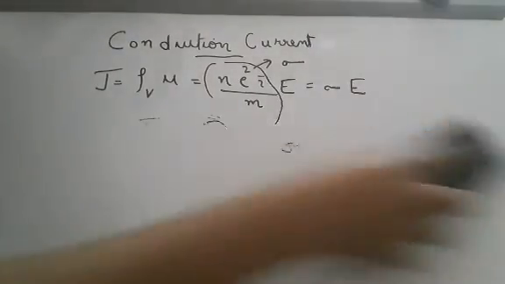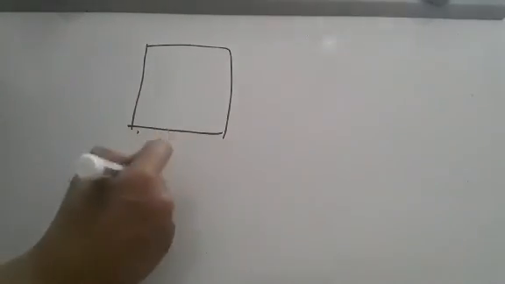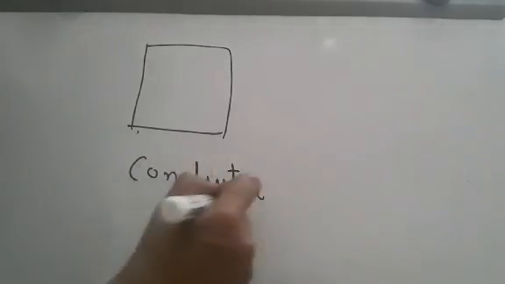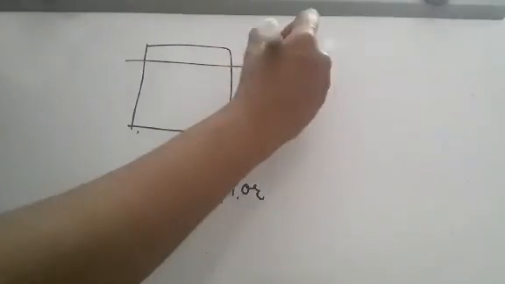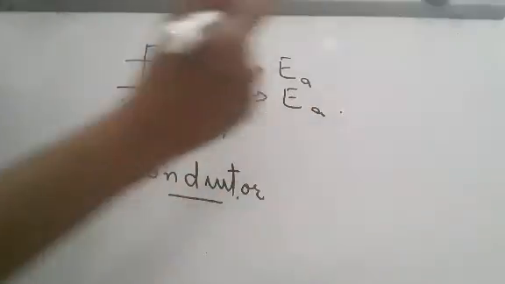In the case of conductors, suppose we are applying an electric field in a specific direction. Let this be the conductor, and I am applying the electric field in this direction, E A, the applied electric field.